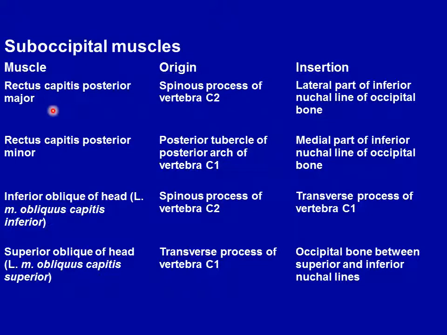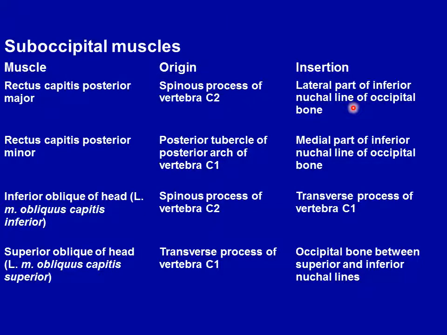First we have the rectus capitis posterior major. It originates from the spinous process of the C2 vertebra. What is the C2 vertebra? The axis vertebra. Insertion: it inserts into the lateral part of the inferior nuchal line of the occipital bone.